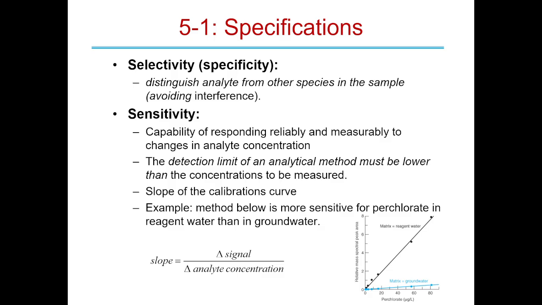Anyways, selectivity and specificity. So distinguish the analyte from other species in the sample and thus avoid interference. You will notice if you read forward in your labs, we actually do a lab where this is a problem. With one of the tests, we detect both magnesium and calcium concentrations together as one thing. And then we have to do a second test to tell us which, I believe it's magnesium we test for.